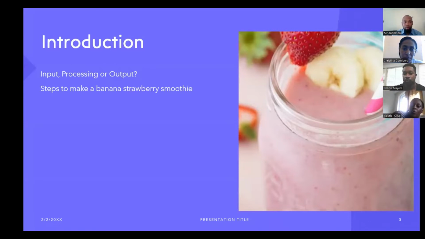Okay, to start off, let's use the steps to make a banana strawberry smoothie. Remember, to solve any problem, there are inputs, processing must happen, and there are outputs. Right, everyone? Yes, sir. Okay. So we're gonna go through the steps to make a banana strawberry smoothie.